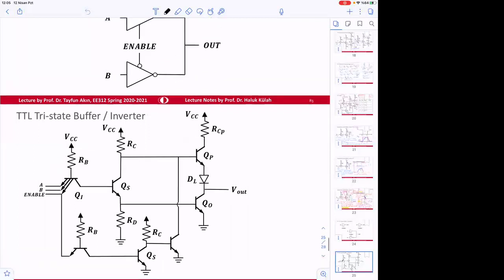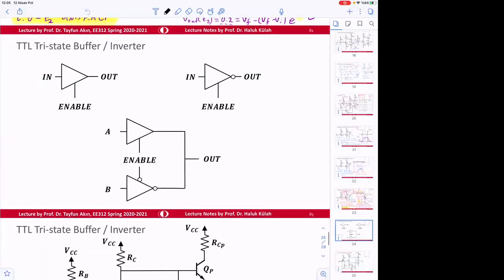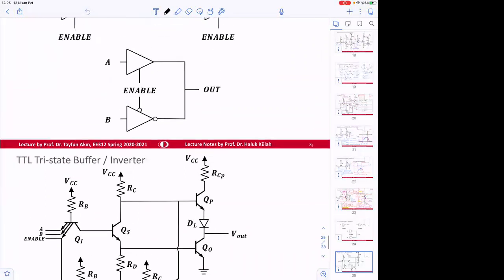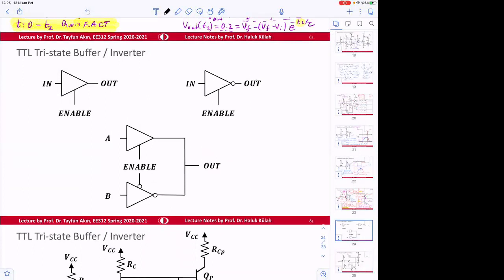Okay, now that we understand what this element is, the QI, we will show you one other topology and one other trick that we add. For the inverters, we typically have an enable input also.